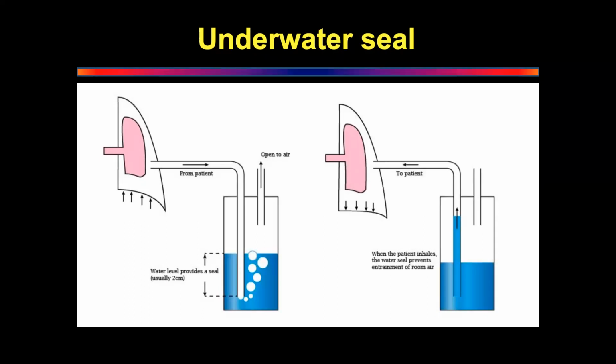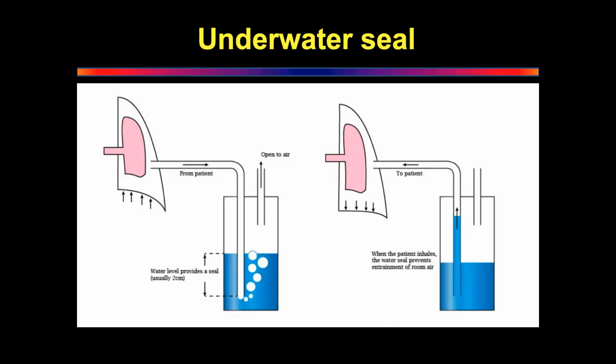Okay, and more importantly, what is the risk of this single bottle system? Pneumothorax. No, more importantly, what is this fellow doing here? Once patient inhales, if you inhale in water, fluid can go back into the chest. Level of the bottle above the bed during inspiration.